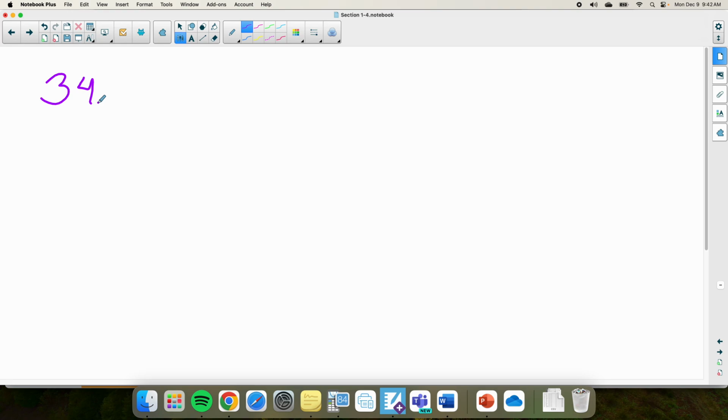Okay, so on these, it's super important that you draw it out so you can see what it is that you're given. So in 34, if you look, what they're saying is that M is the midpoint of FG.